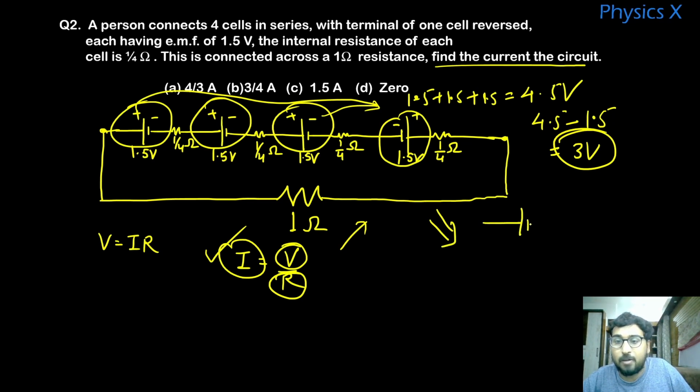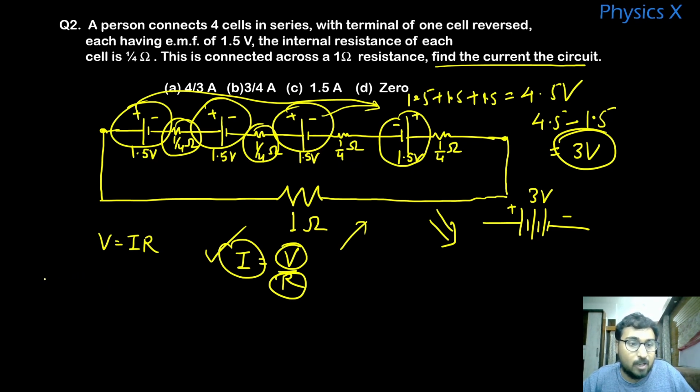So I can draw the diagram like this. Let me draw a battery, because this is nothing but a battery now. So this is your 3 volt applied, and the internal resistance will be R internal. Because you can see there is a single loop, these 1 by 4, 1 by 4, 1 by 4 are in series.